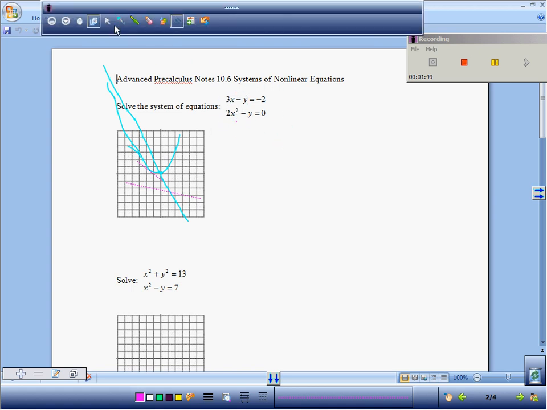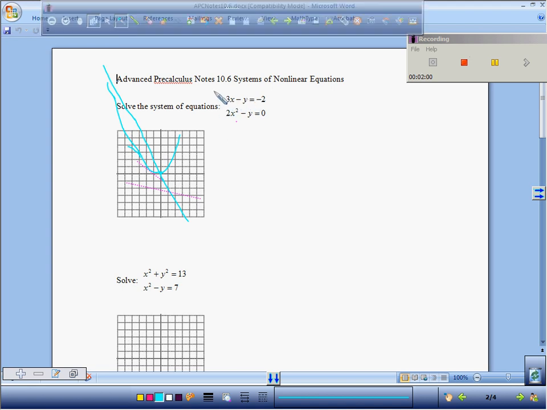How can I solve this system algebraically? What would be an easy thing to get rid of? The y's, right? So what you would do is multiply this by negative 1 to make your life easier. You don't really have to do that; you could just subtract the 2 equations.